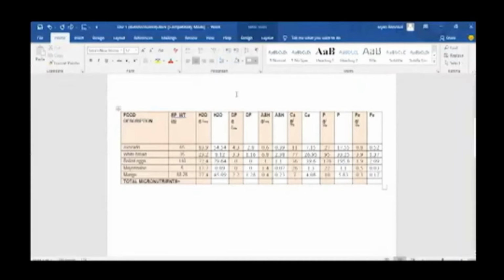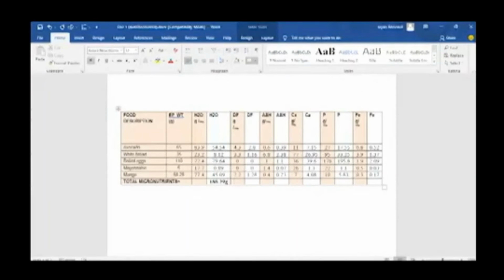So now that we have calculated all of the different micronutrients for each food item here, we can add them all together. So for H2O, 54.54 plus 8.12 plus 79.64 plus 0.89 plus 45.09 is equal to 188.29 grams.